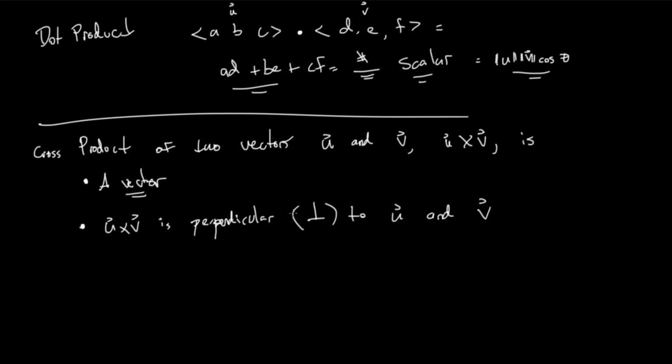With that said, that vector is going to be perpendicular in a specific direction. If you have two vectors, let me go ahead and sketch them here. The cross product of two vectors is going to follow the right-hand rule.